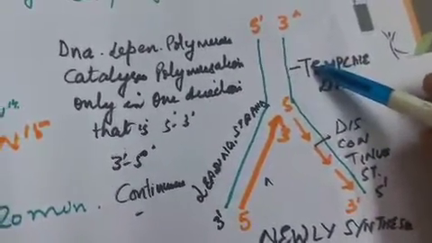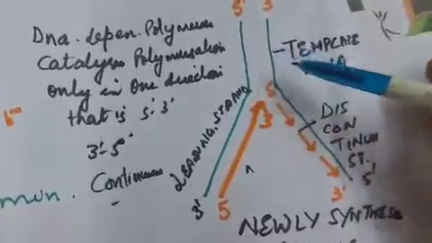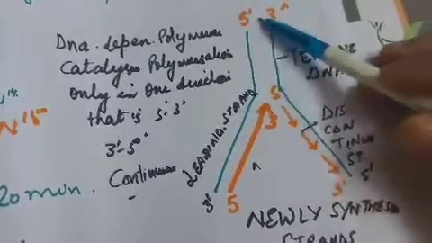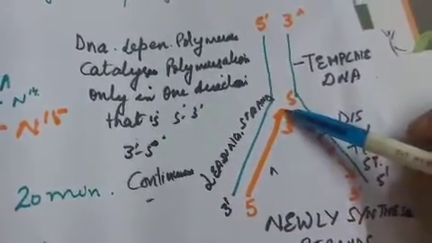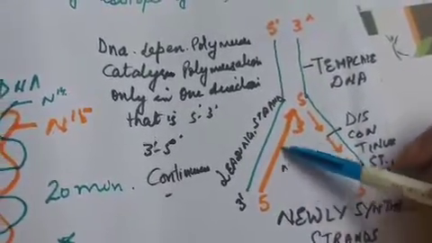DNA dependent polymerase catalyzes the polymerization only in one direction, that is 5 to 3, and so in the direction 3 to 5 the DNA is formed continuously, and this DNA formed is known as leading strand. It doesn't involve any fragmentation.